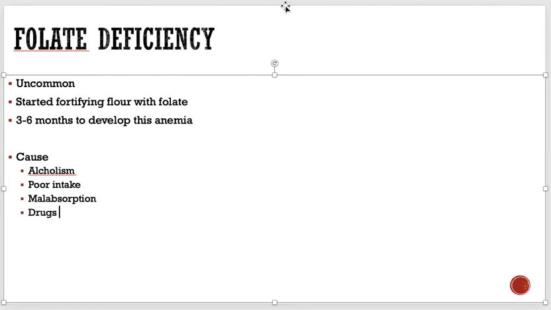Now many drugs which are used for a long period of time, chronically, for rheumatoid arthritis and many conditions, are called antifolate drugs. Remember methotrexate. You forget any name of a drug, never forget methotrexate. It's an antifolate drug. It is given in the treatment of many things, rheumatoid arthritis and many other things.